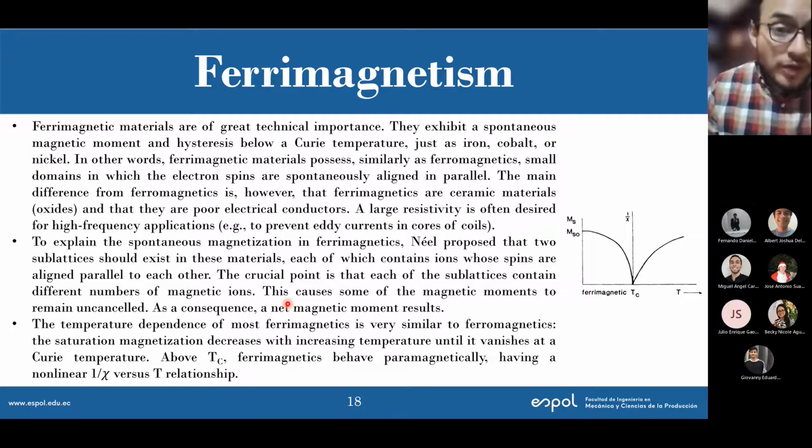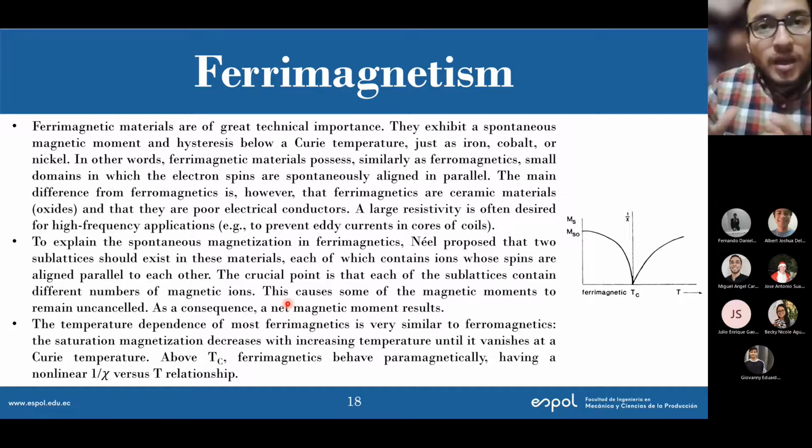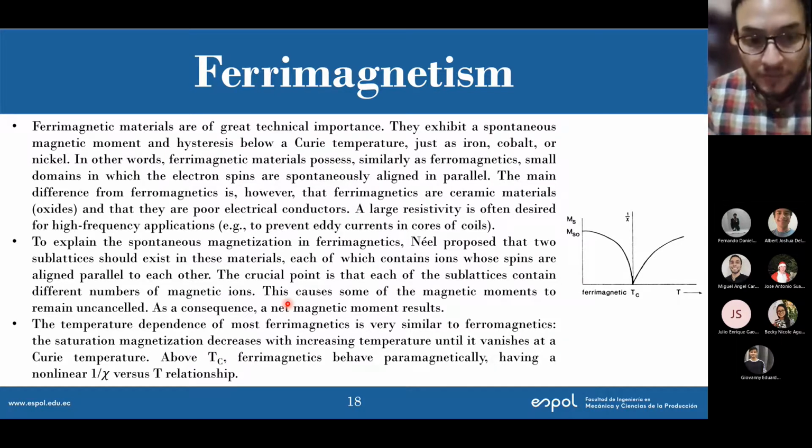Néel proposed, or tried to explain, how this spontaneous magnetization in ferrimagnetics is happening. And he said, okay, actually there should be in the microstructure two sublattices that should contain spins that are aligned parallel to each other.